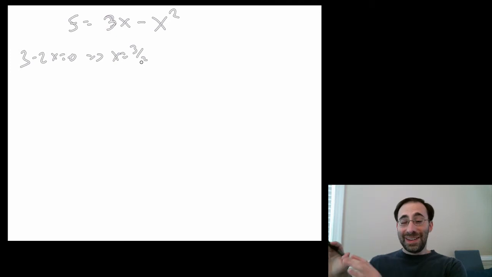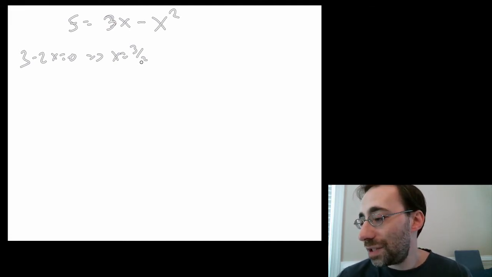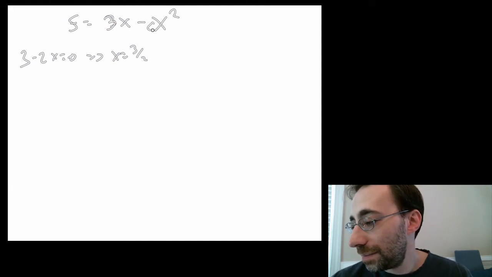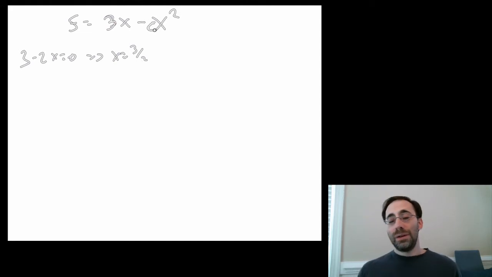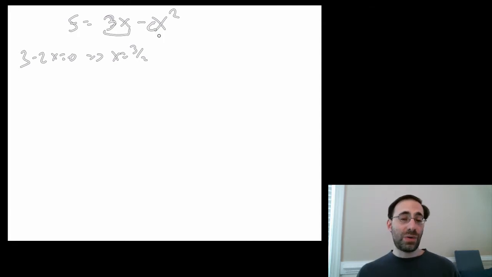Okay, so that said, the maximum of this function in one dimension is 3 halves. But what if we have some parameters associated with this? Let's say we have some c over here. What would that c be? Well, it might be the cost. Right now, we assume this is a situation in which you want to produce something, and you get a benefit equal to 3x, and there's a cost x squared, so the cost is increasing.